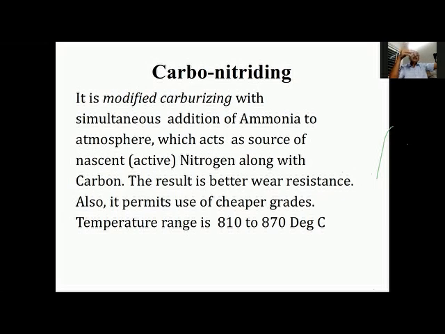The temperatures are typically lower for carbonitriding, because the nitrogen dissociation reaction is more at lower temperature, exactly reverse to the generation of nascent carbon from the CO. That increases with the temperature, whereas nitrogen generated from the ammonia gets reduced by increasing the temperature. That's why an optimum temperature of 810 to 870 is commonly used for this.